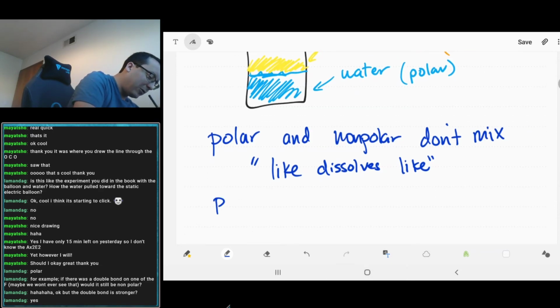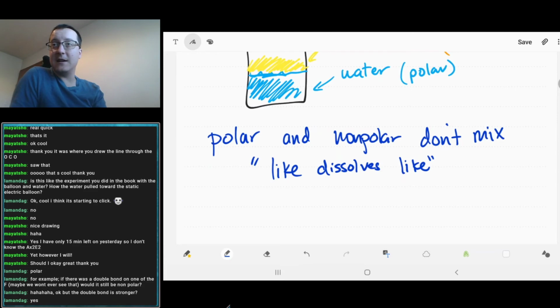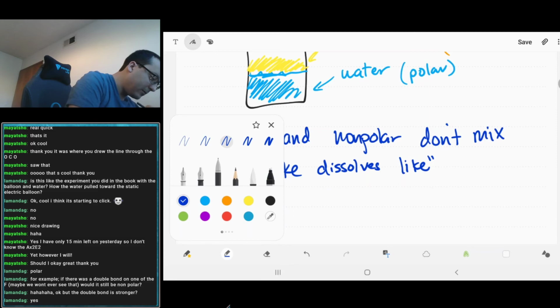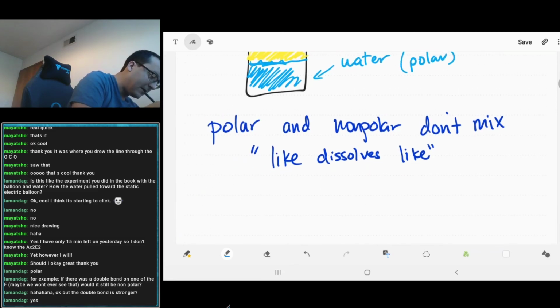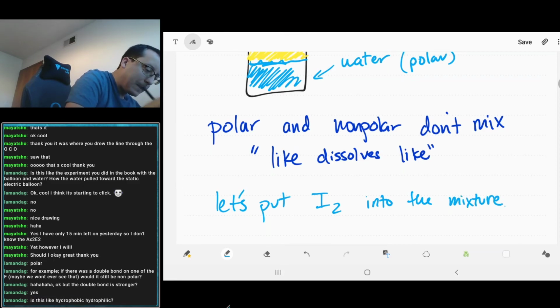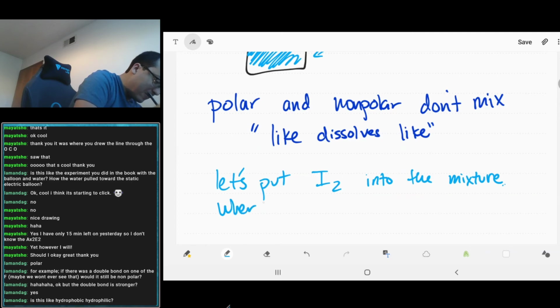And so that means polar stuff wants to hang out with polar stuff, nonpolar stuff likes to hang out with nonpolar stuff. So let's put some iodine into the mixture. Where will the iodine go?